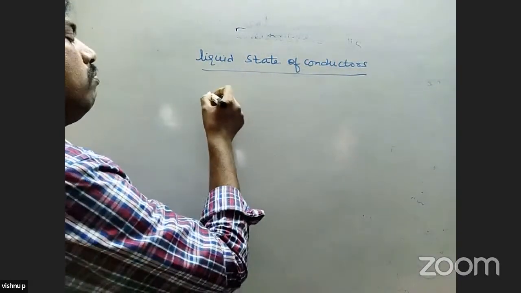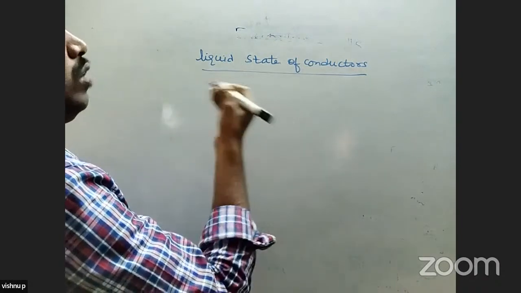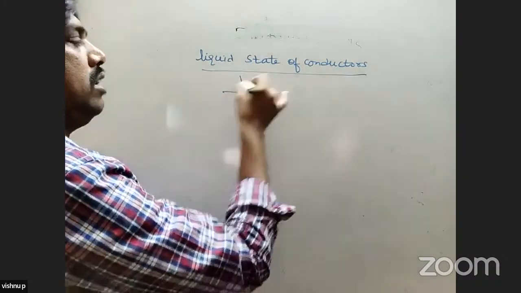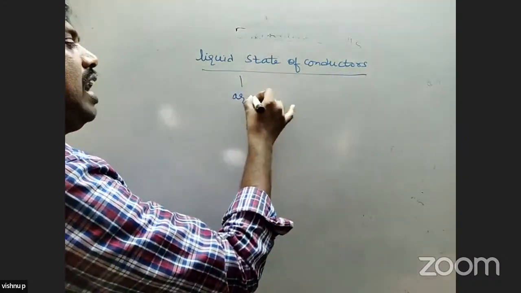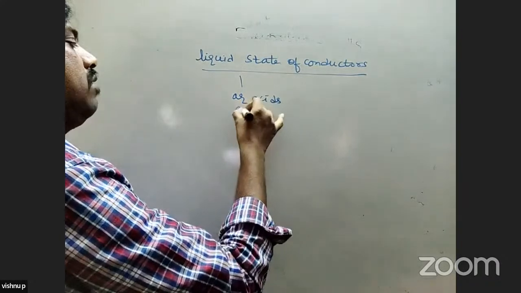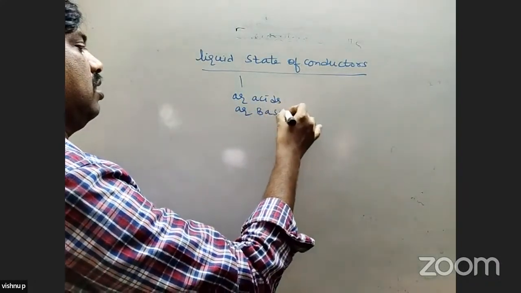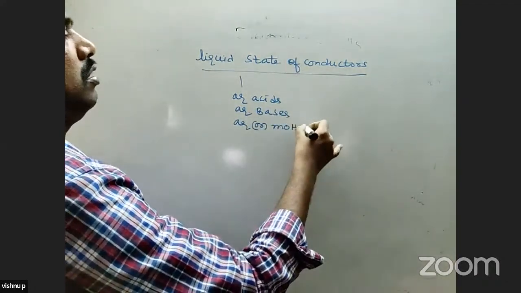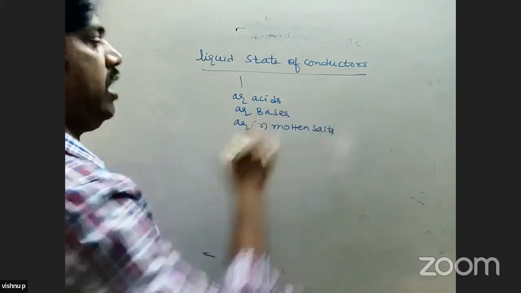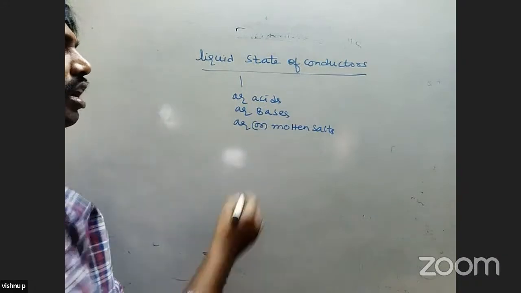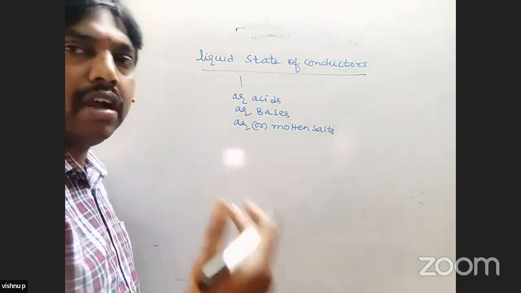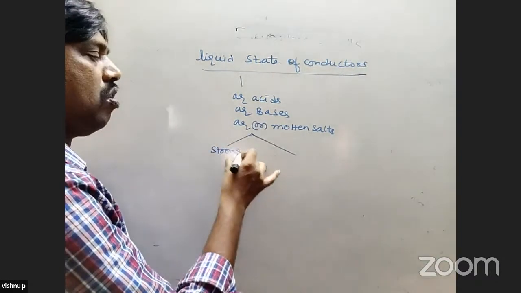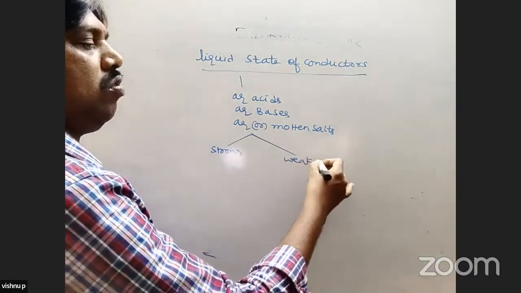So what are electrolytes? Aqueous acids, aqueous bases, aqueous or molten salts are called electrolytes. Their conductivity is because of mobile ions. Electrolytes are again divided into strong and weak electrolytes.